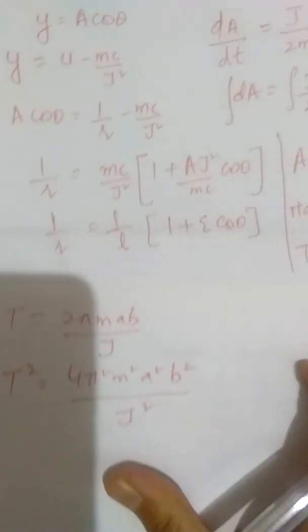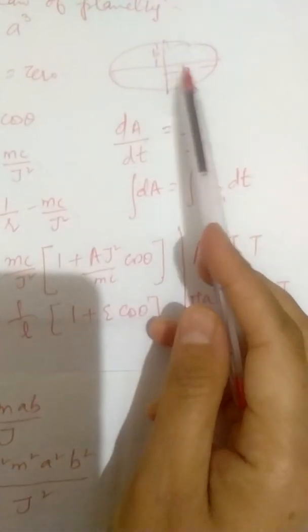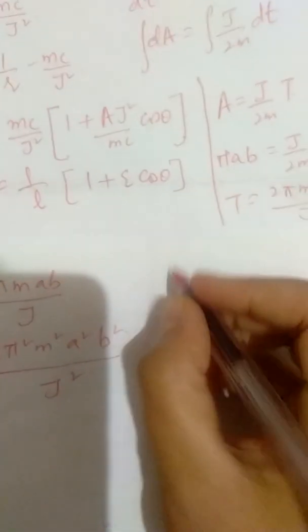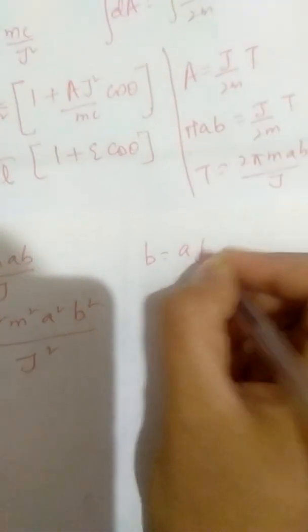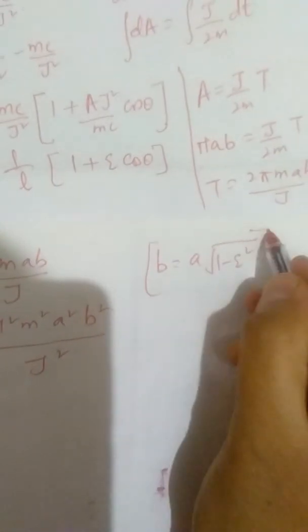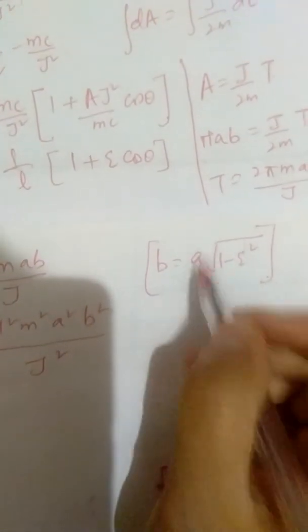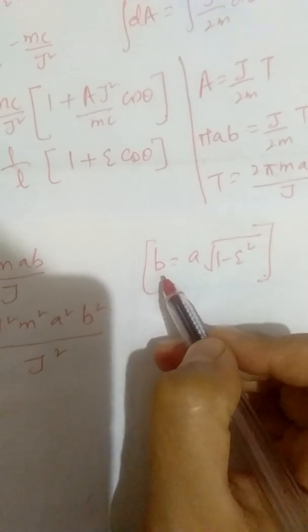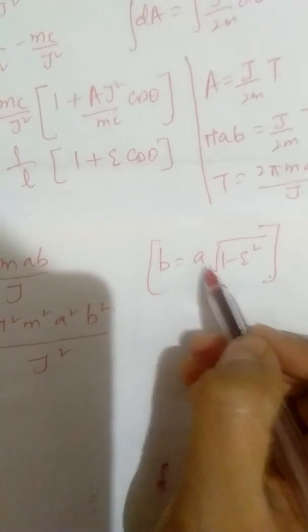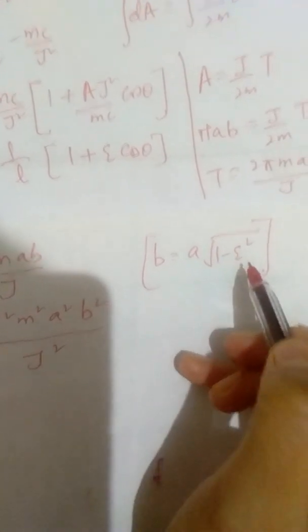Now there is also a relation that connects the semi-major axis with the semi-minor axis, and that is b = a√(1 − ε²). I hope all of you are aware of it from your knowledge of mathematics, that the semi-minor axis is a times, that is semi-major axis times, √(1 − ε²), where ε is the eccentricity of the orbit.